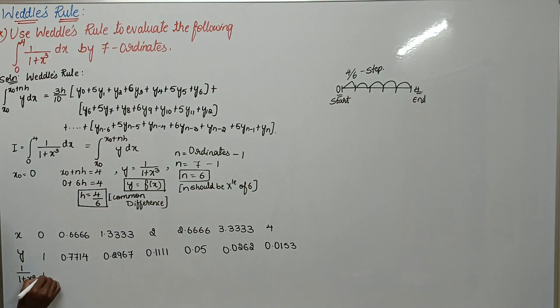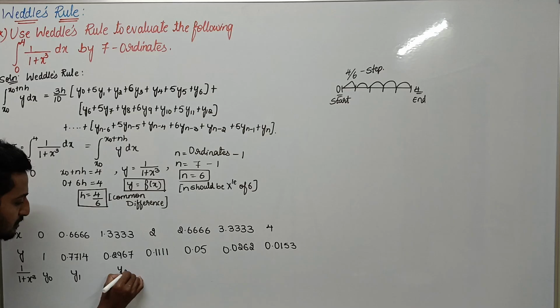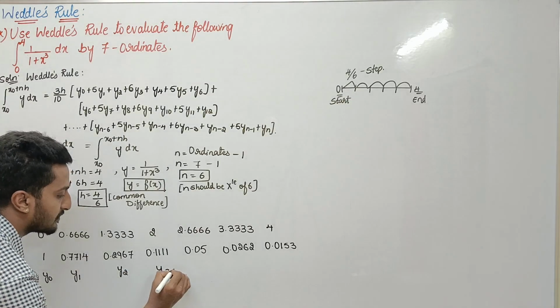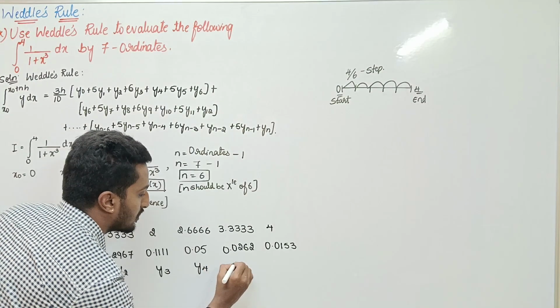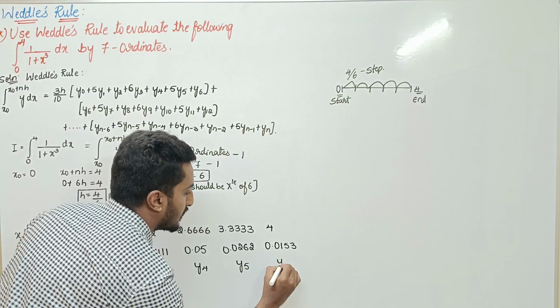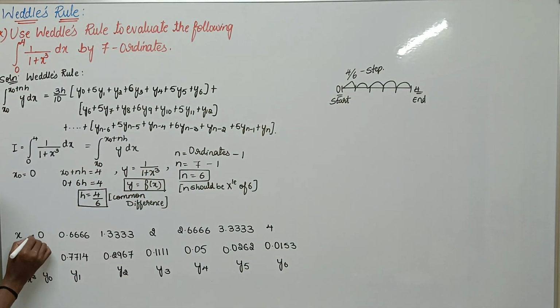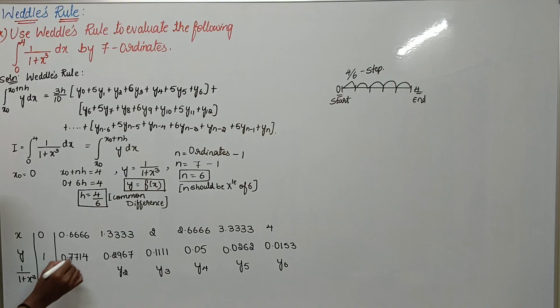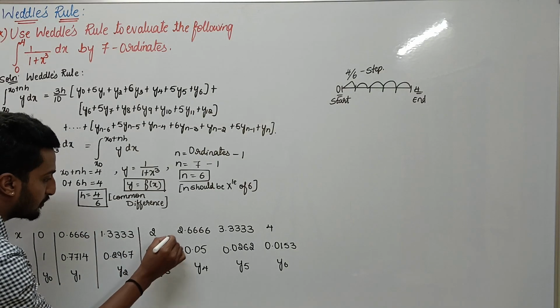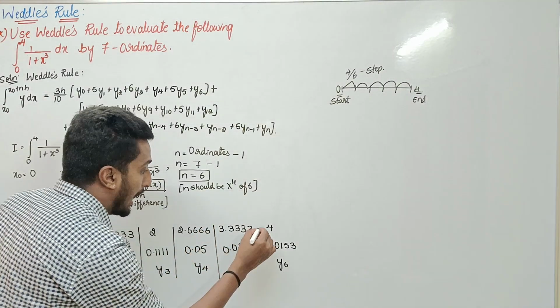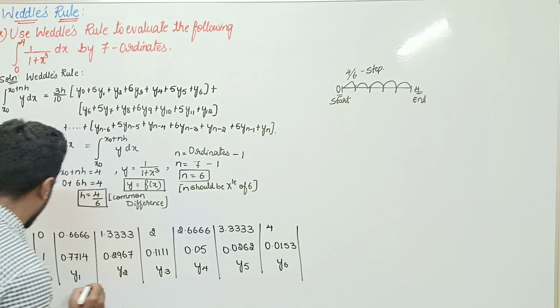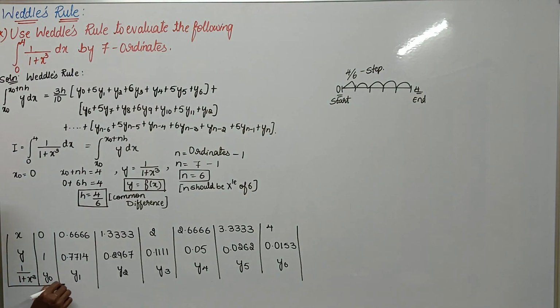This I can represent as y0. This I can represent as y1, y2, y3, y4, y5 and y6. Represent the table so that there will be no confusion while considering the terms in simplification of the Weddle's rule.